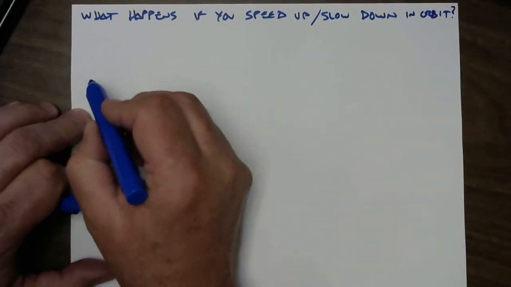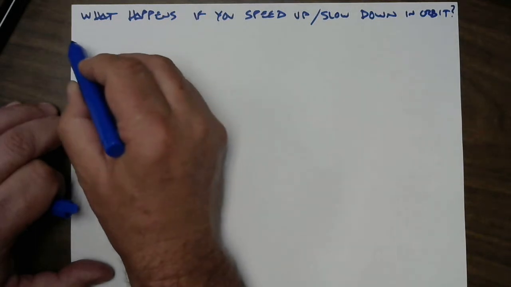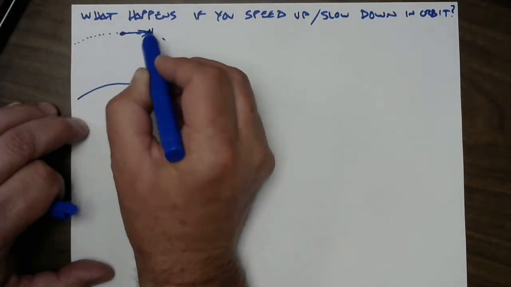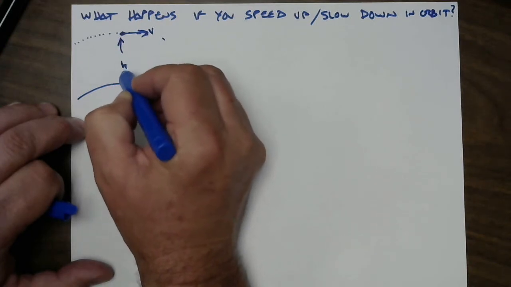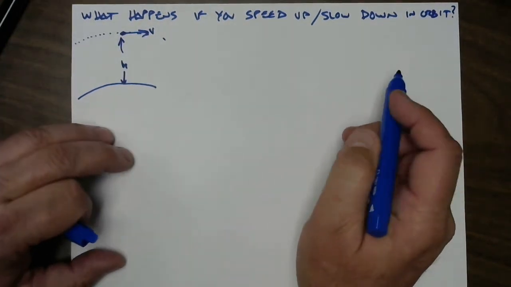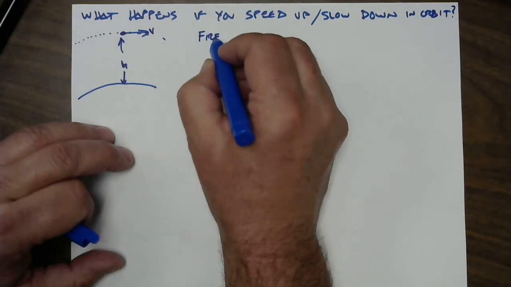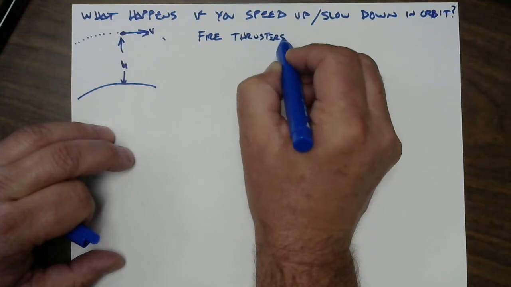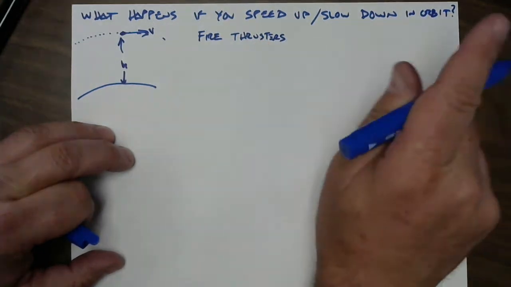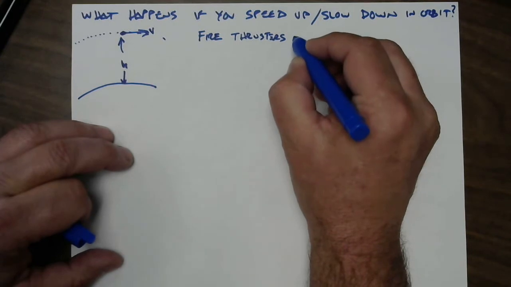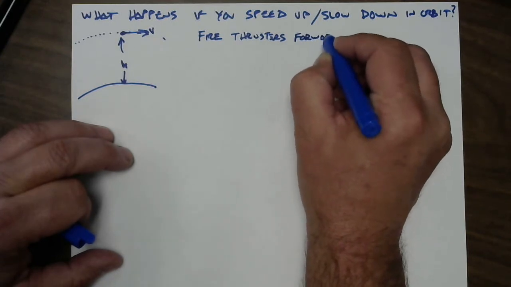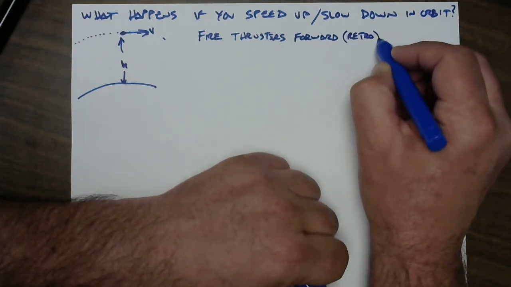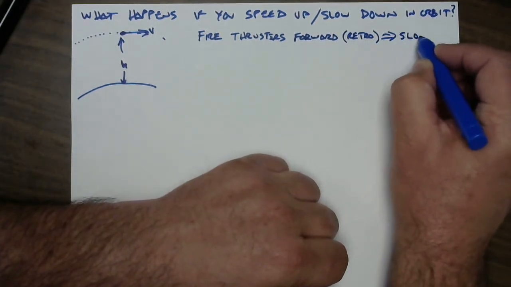So here we are, very high above the Earth, going by at a certain velocity. What happens if we slow down and speed up? Well, if you fire your thrusters forward, I mean, point the rocket motor the direction you're going and fire your thrusters forward, retro rockets, they call that, you will slow down.